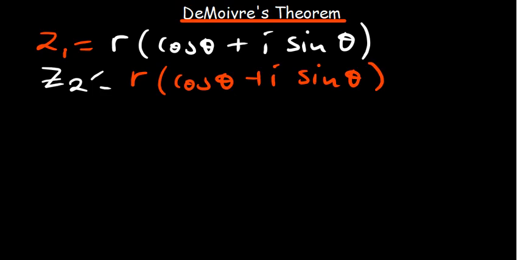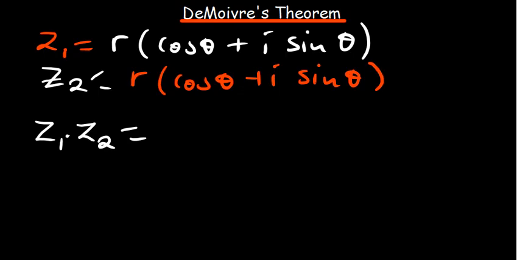Now let's look at the product of these two complex numbers, z1 multiplied by z2. From our rules for mathematical operations under polar form, when multiplying two complex numbers we multiply their absolute values.